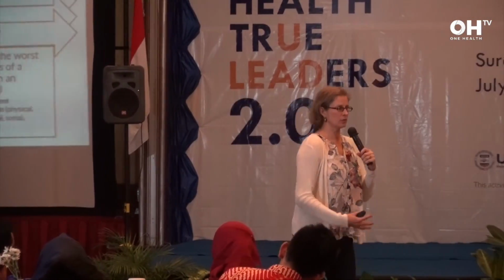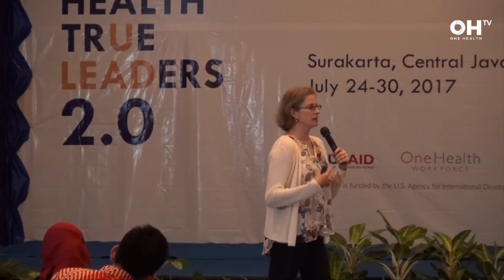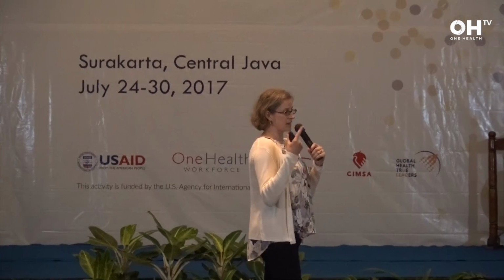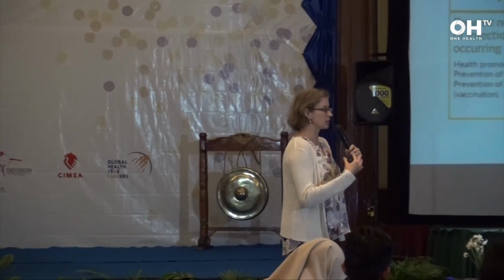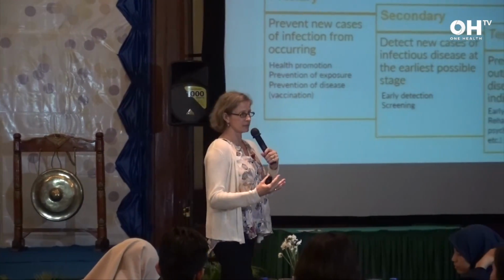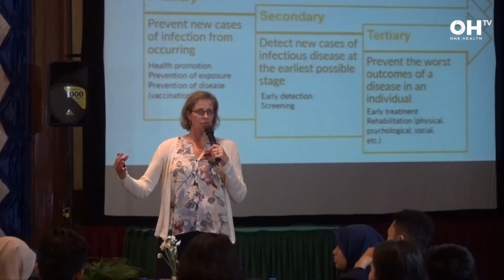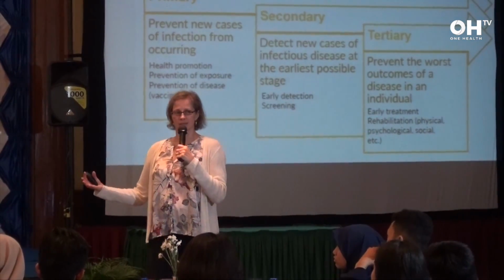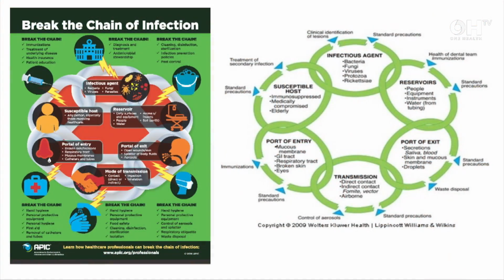You need some physical rehab. Rehabilitation can also mean psychological rehabilitation, financial rehabilitation, social rehabilitation. So all of these components of rehabilitation are part of preventing the worst outcomes for an individual and by extension for populations or communities as well.